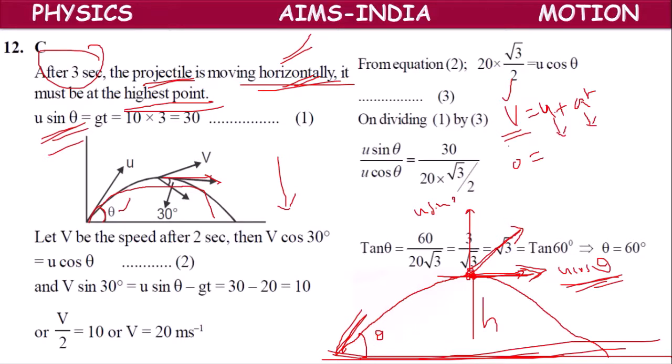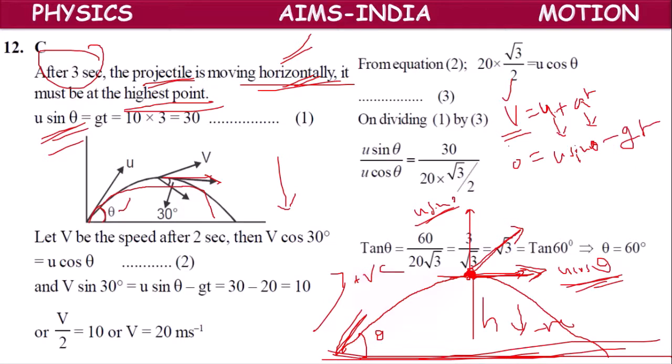At the highest point, the vertical component of velocity is u sin theta, and one more vertical force acting is acceleration due to gravity downwards. We have taken the upward direction as positive, so the downward direction will become negative. So minus gt we can keep here.